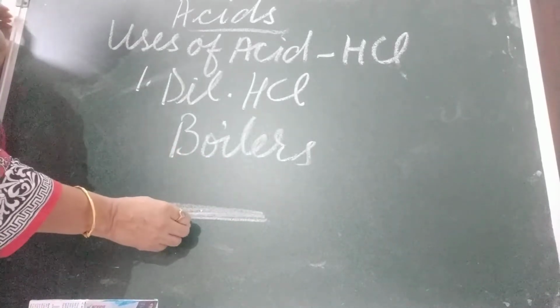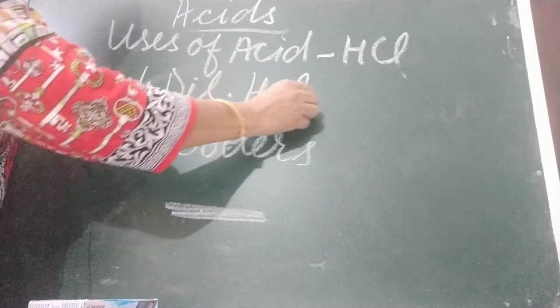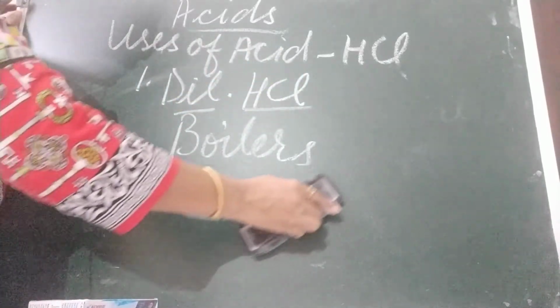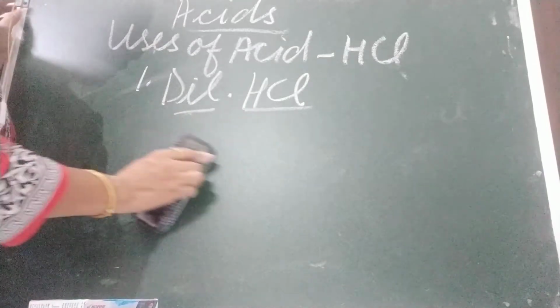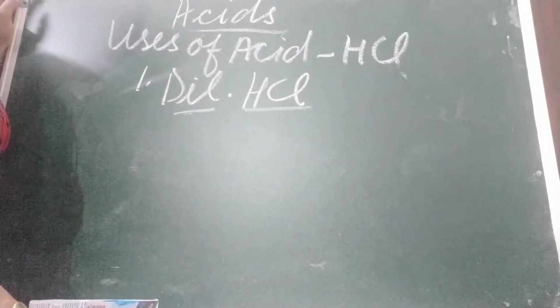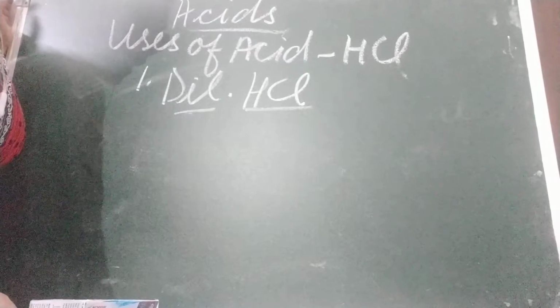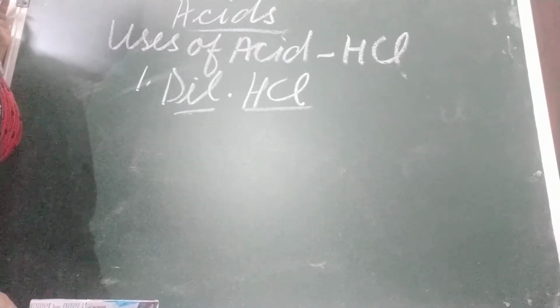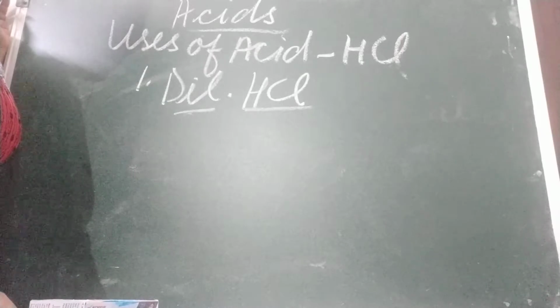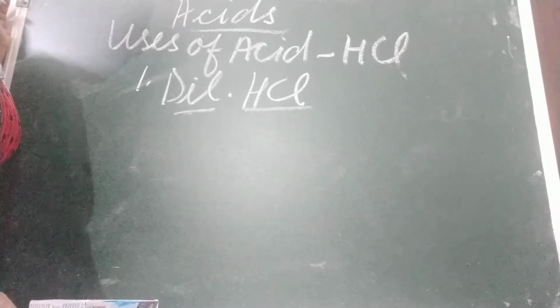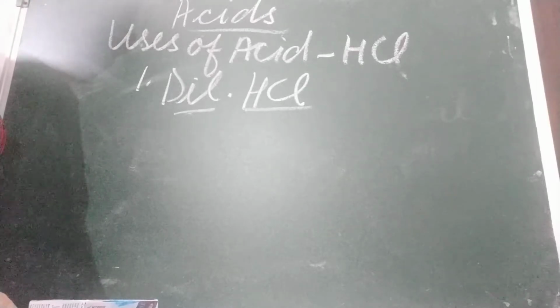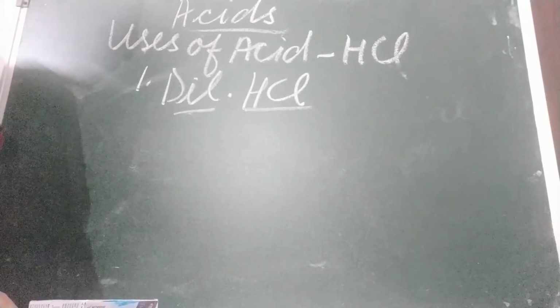We can remove these salts by dilute hydrochloric acid. So this is the first use. What is the first use? Dilute hydrochloric acid is used in various industries that use heating applications. It is applied to remove deposits. Just now I told you what deposits are: scaling from the inside of the boiler.